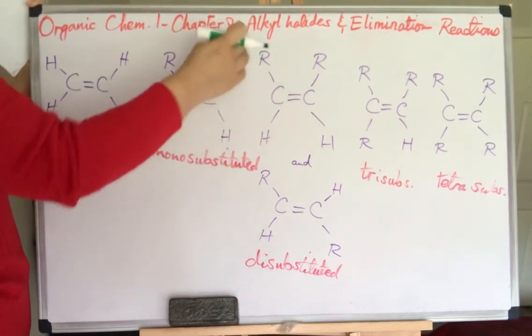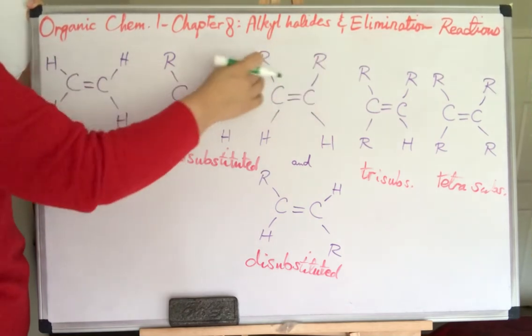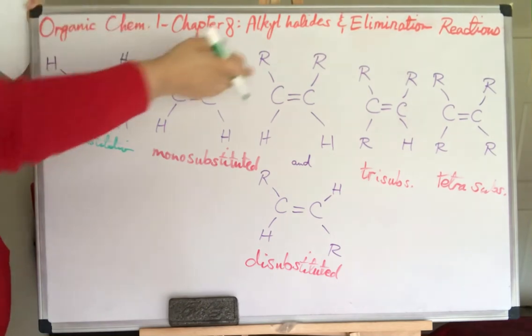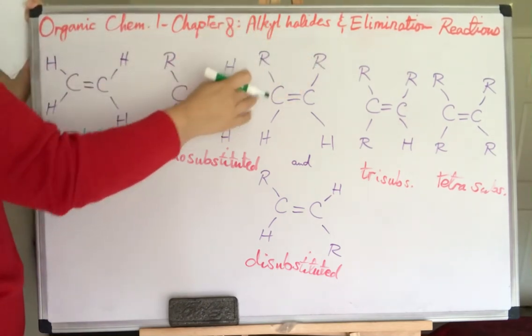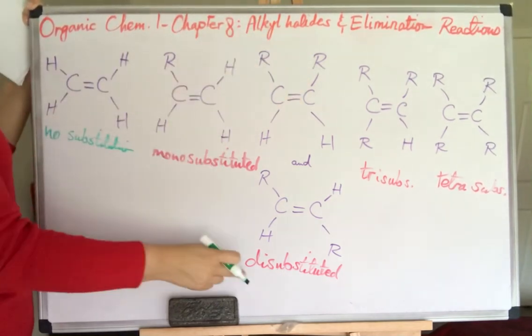In these two structures, we have the carbons of the double bond with two substitutions. This carbon has one, this carbon has another one, so 1 and 1 is 2.